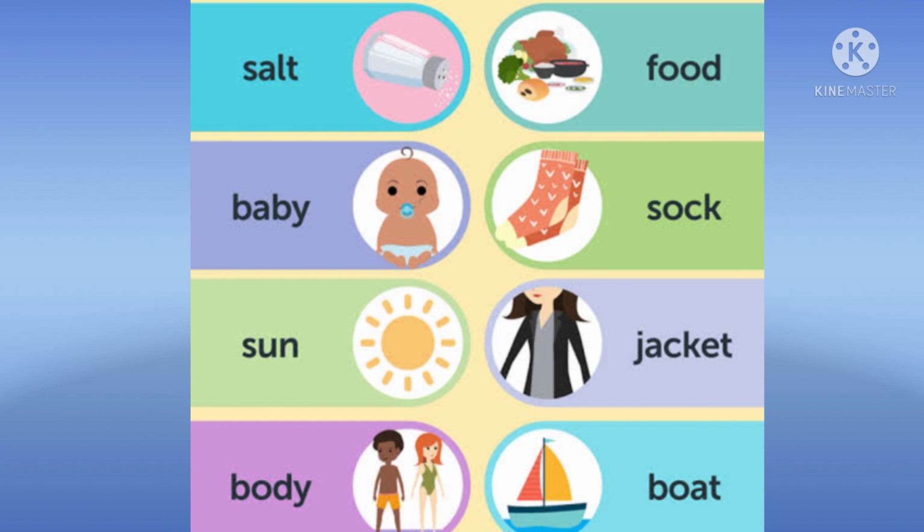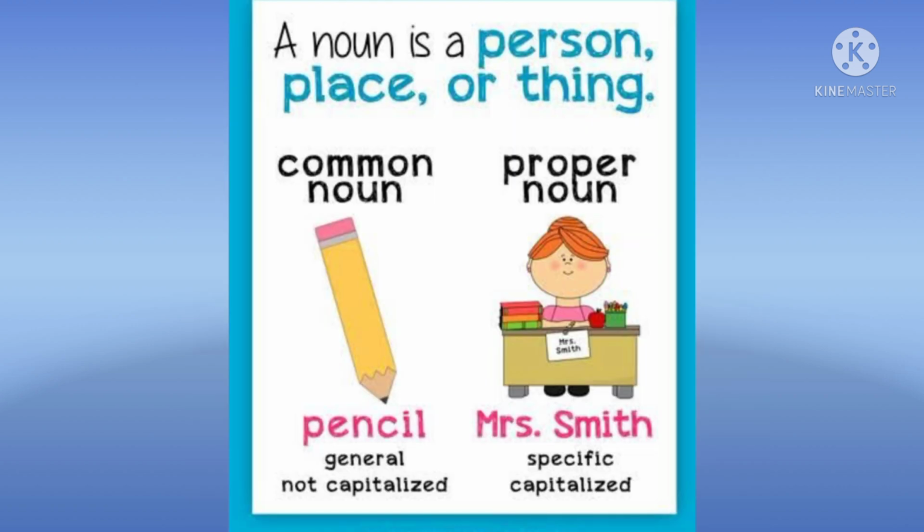When it is referring to a common thing, common person, common place, that is called a common noun. For example, classroom is a common noun, right? Also, boy is a common noun. Girl, common noun. So children, can you say what the difference is between a proper noun and a common noun? A proper noun refers to a particular thing, particular person or particular place, whereas a common noun refers to a common person, common place or common object like pencil.